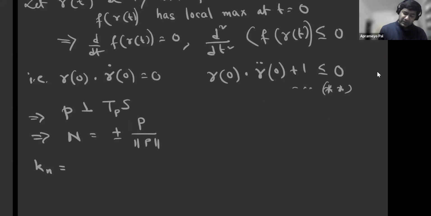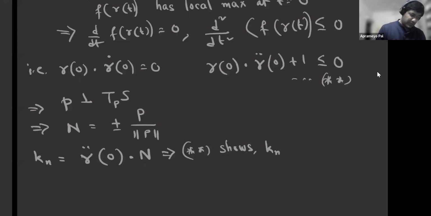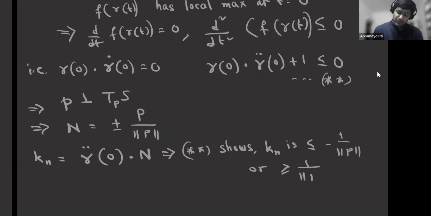Then you have the normal curvature kappa_n, which we have seen again today, by definition gamma''(0) dot N, and this, with double star, shows that kappa_n is actually either less than or equal to minus 1 over |P| or greater than or equal to 1 over |P|. That's just by the definition of N.